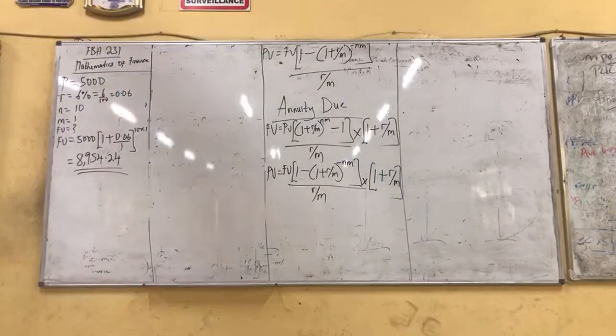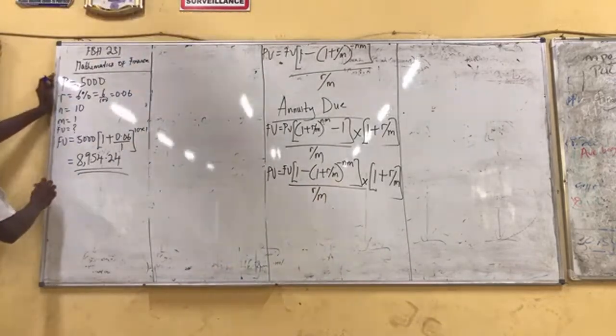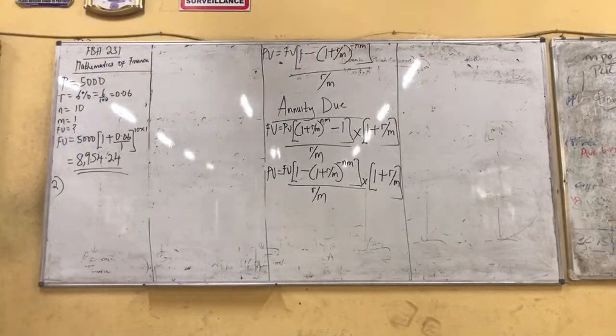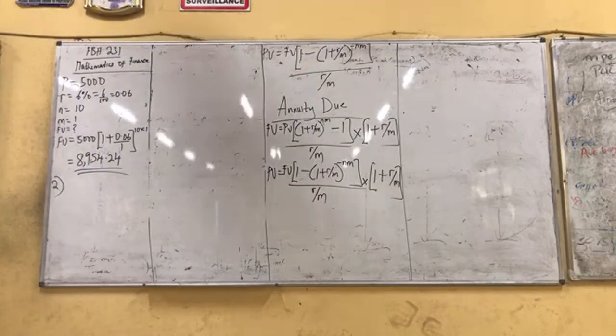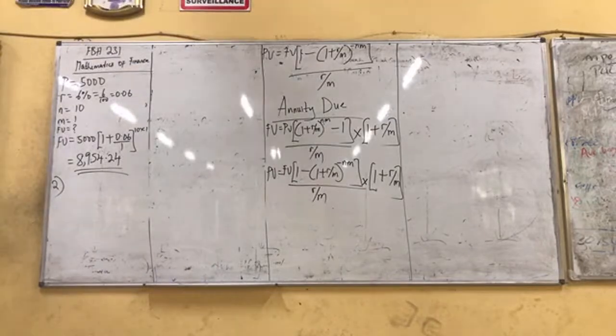Because this question says that it is compounded annually. Now, what if, let's say requirement 2 for the same question? The same figures: the principal is 5,000, rate is 6%, our year is 10 years. But compounded, if the interest is compounded quarterly.